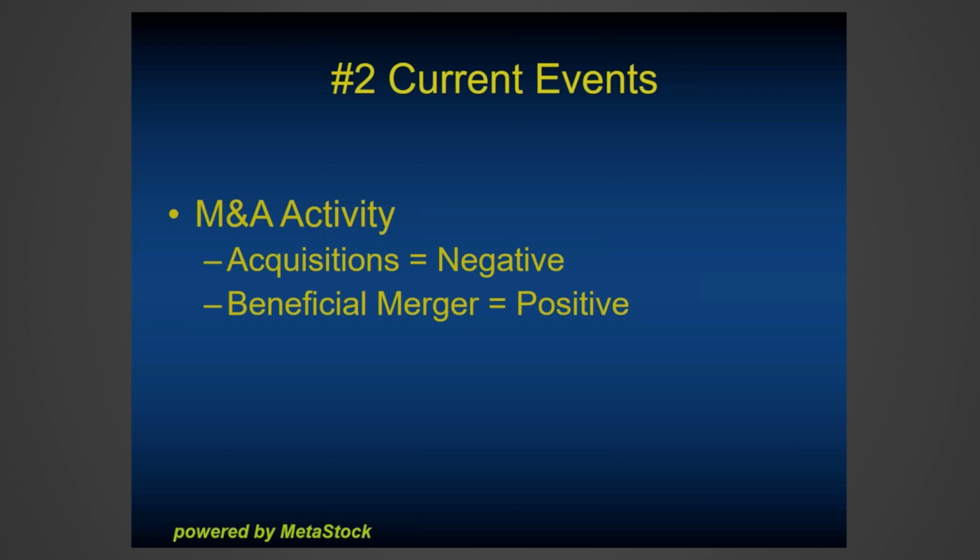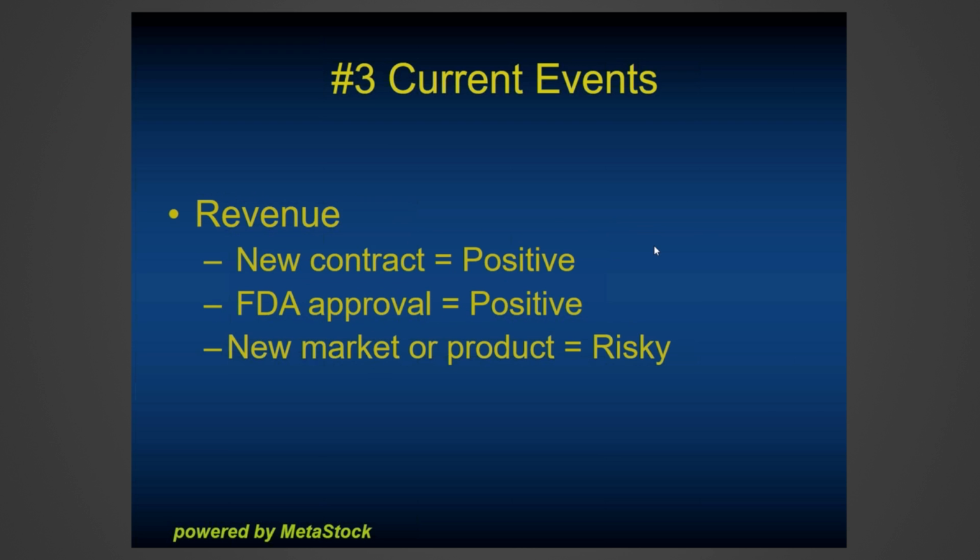If it's a beneficial merger, if one company is acquiring certain assets that are absolutely rock solid, then it could be a positive. But in general, acquisitions we tend to see as negative. You could also say it's an element of risk. So it tends to say, let's take a closer look at this signal. This is not a supporting indicator.